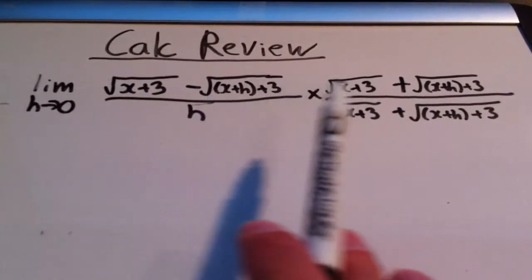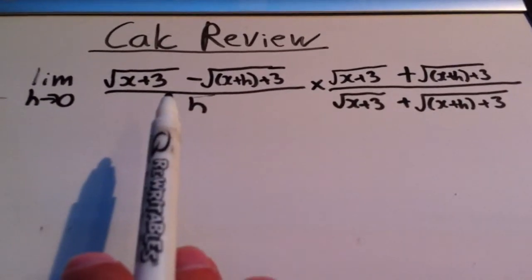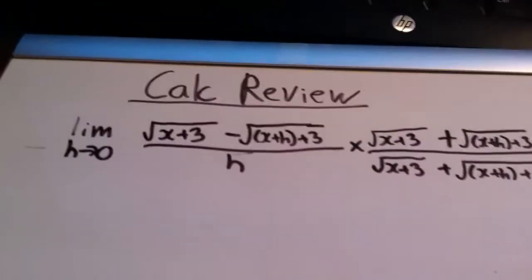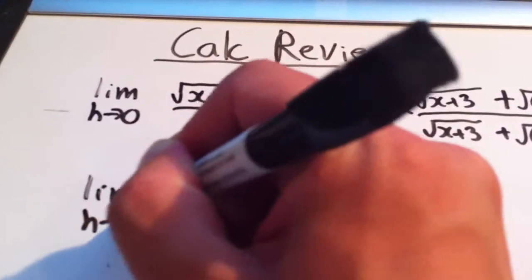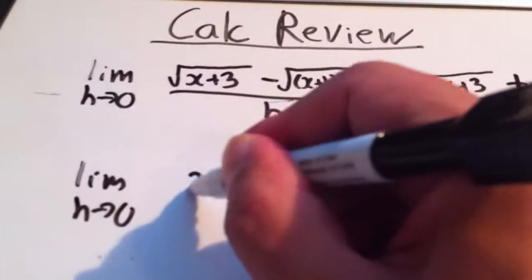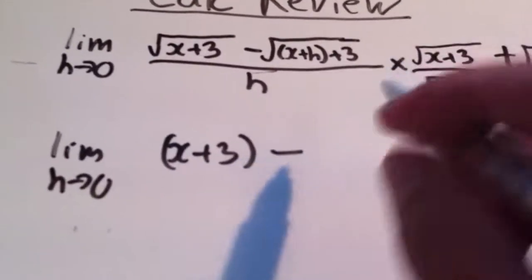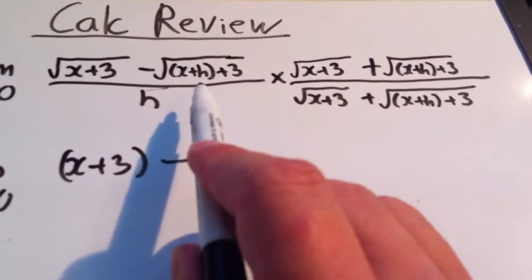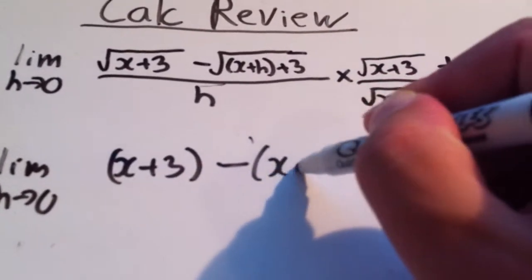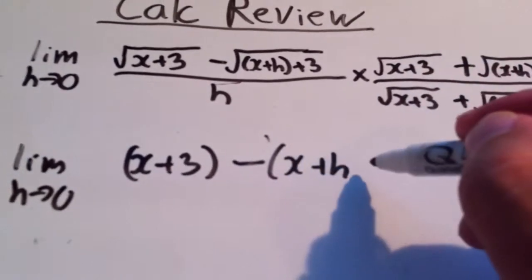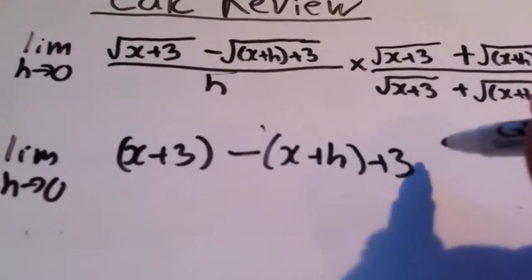So if we multiply this by that, it becomes a difference of squares, so it becomes root x plus 3 squared, which would just be x plus 3, and then minus root of x plus h plus 3 squared, which would just be x plus h plus 3.